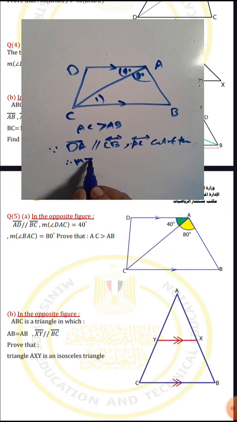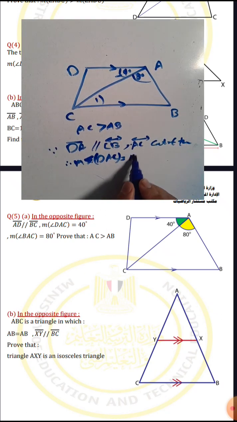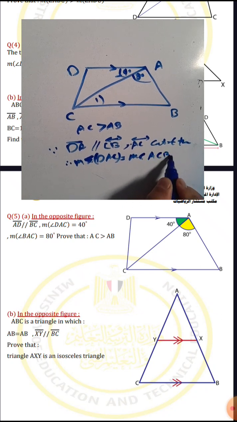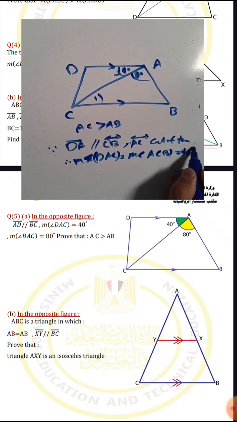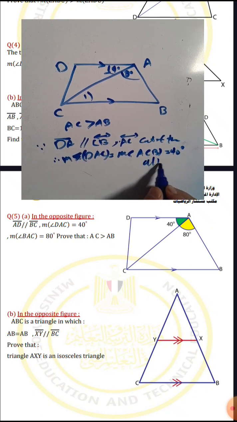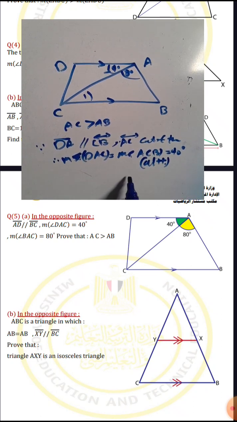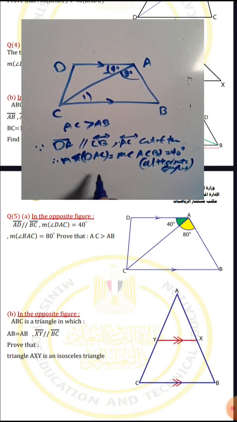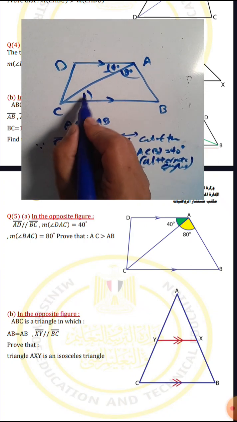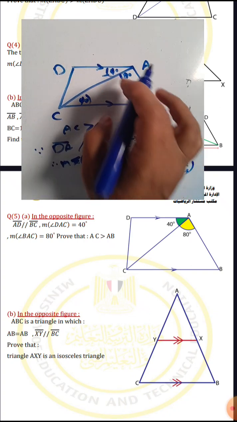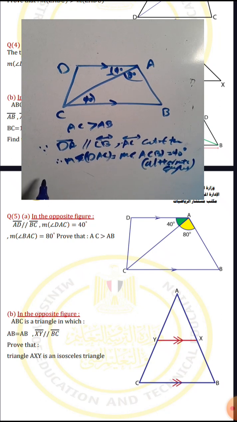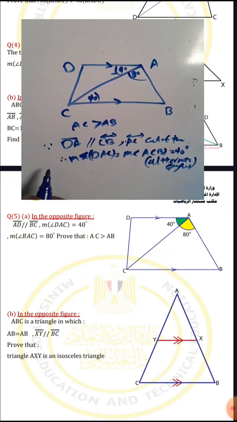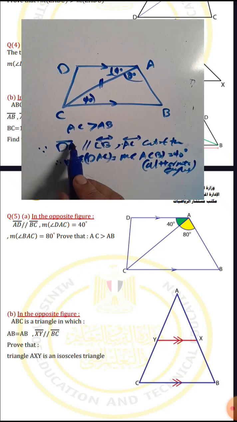Then the measure of angle DAC, this angle, will be equal to the measure of angle ACP, equal to 40 degrees. What do we call it? Alternate angle. We call it alternate angle. Understood? This angle will be 40 degrees, and we have 80 here. You want to prove that AC as a side length is greater than AB.